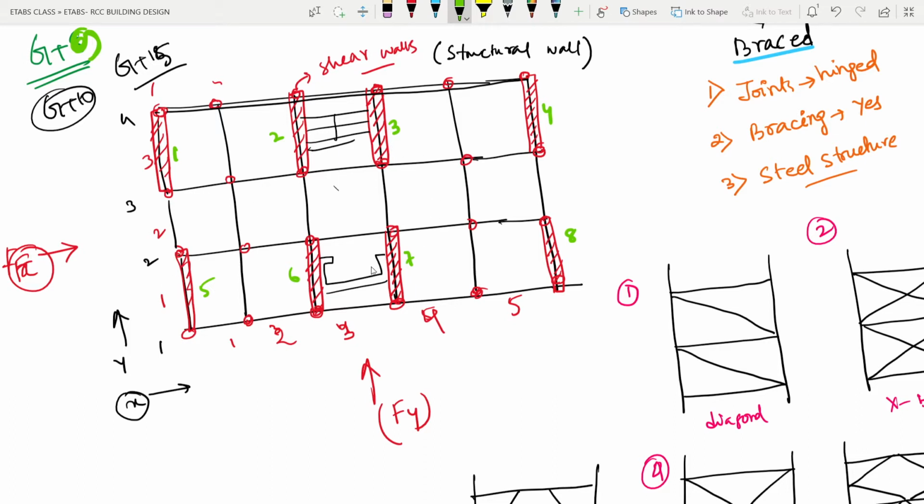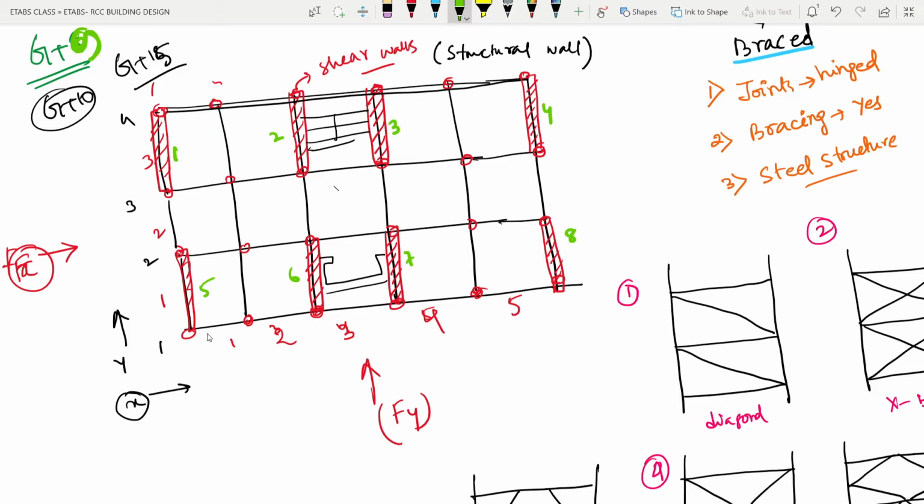This type of structure is a column shear wall interactive system, or dual system, where both structural elements meant to resist the lateral force are doing their job.